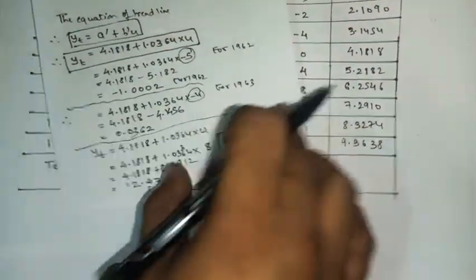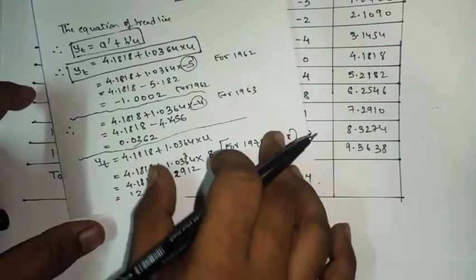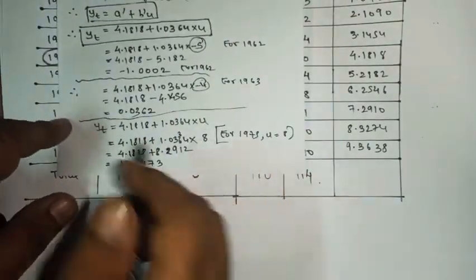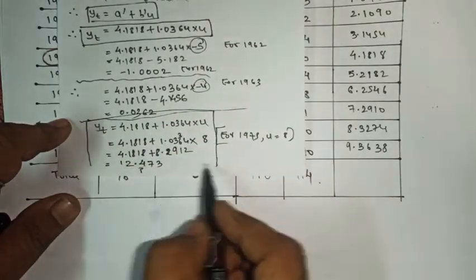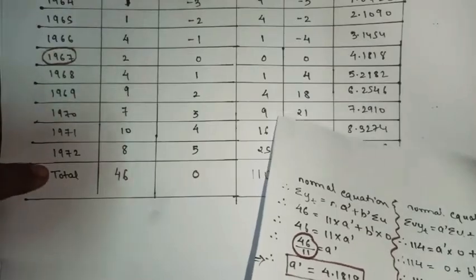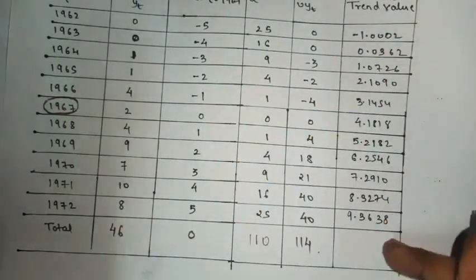But now listen here, for 62 to 72, for trend value you will solve the part roughly, but for 1975 you will show this step in the paper in the board exam. For 62 to 72 it's okay, solve it roughly and then substitute the value directly.